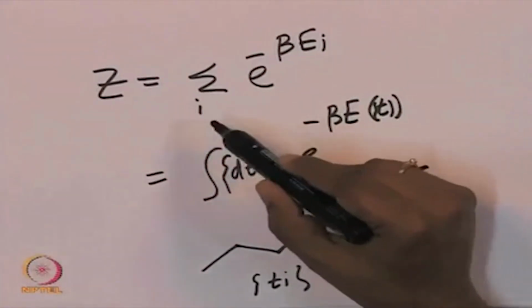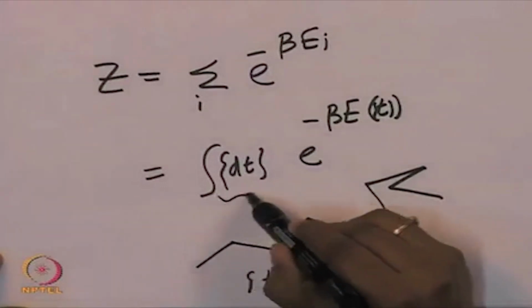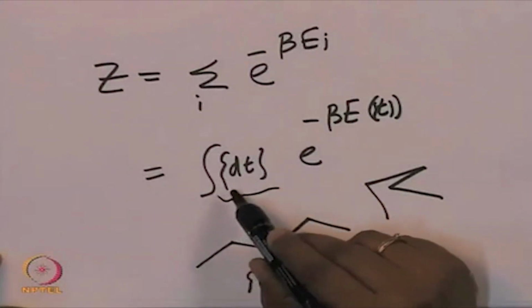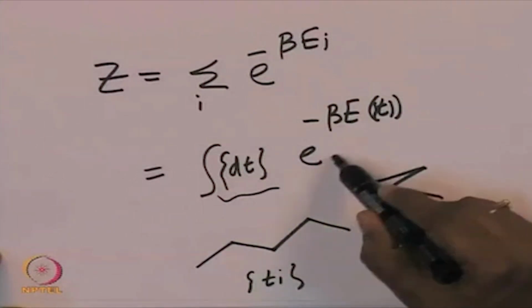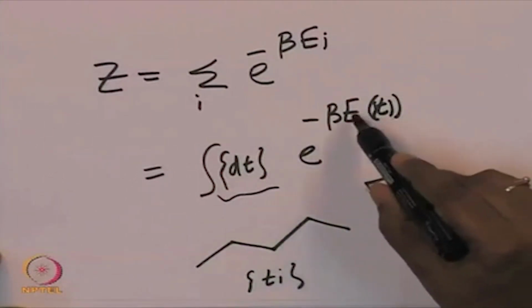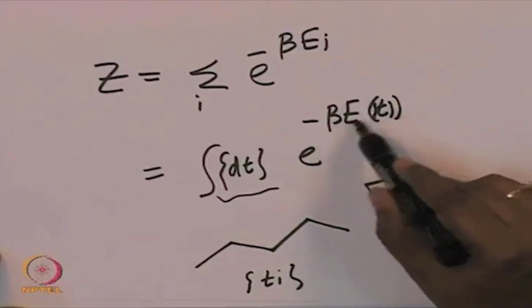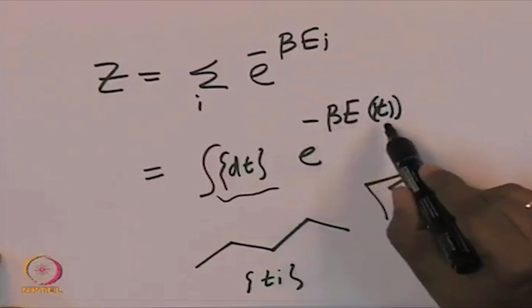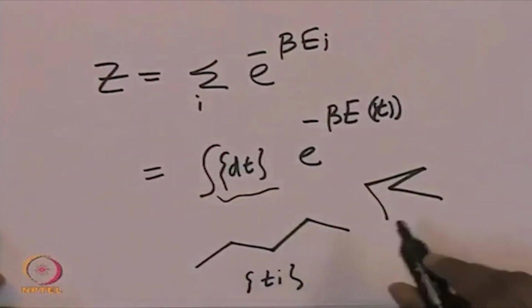So, whenever I sum over i, this is a sum over all possible conformations. You have to have a set of T's, and all possible sets of T's will give you the sum over e power minus beta E, and E depends on the orientation of the T's. That is why I wrote E of T, because E depends on T. You will get this. So, now how do we do this?